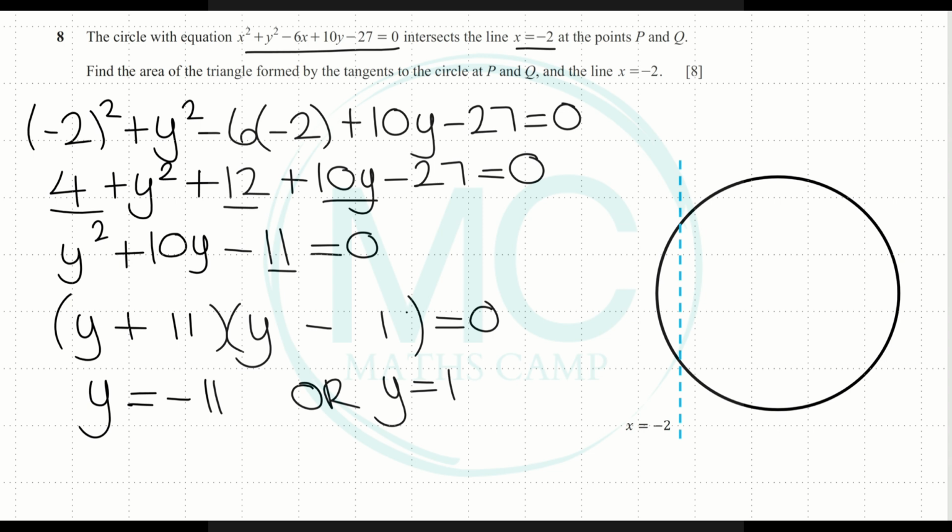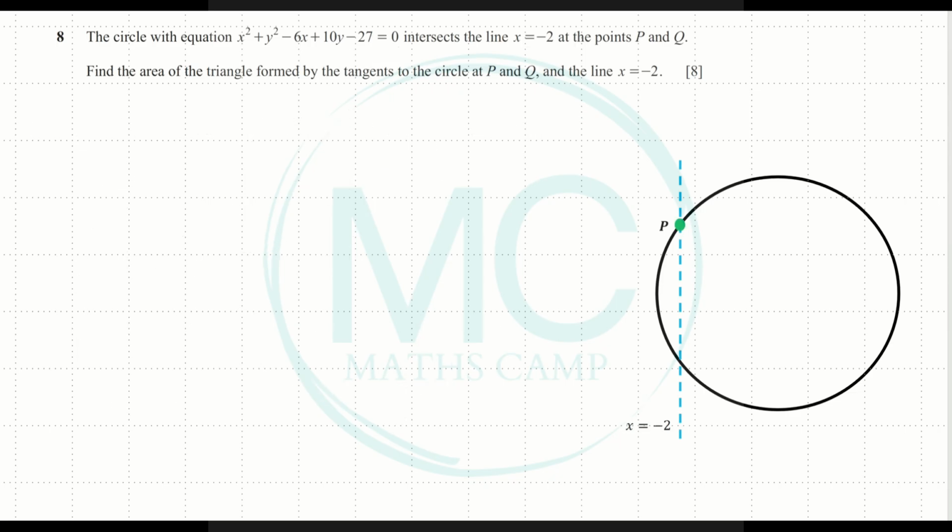This means that our points have coordinates negative 2 and 1, and negative 2 and negative 11. Let's say that P is the higher coordinate. We can plot this on our diagram, and let's fill in the coordinates. Q lies lower, so let's plot Q, and we can put in the coordinates as well.